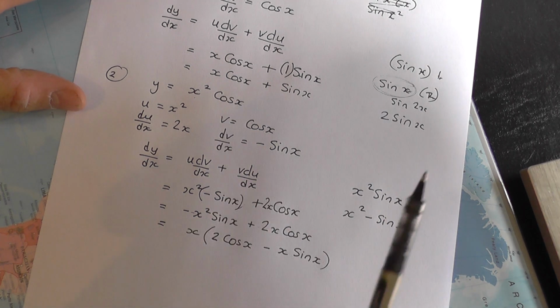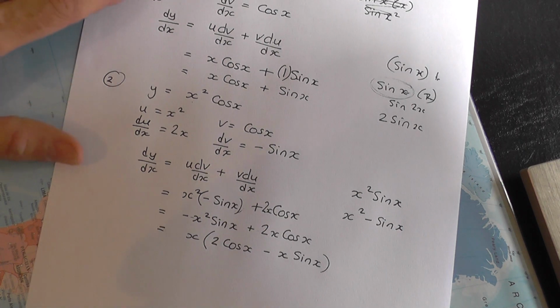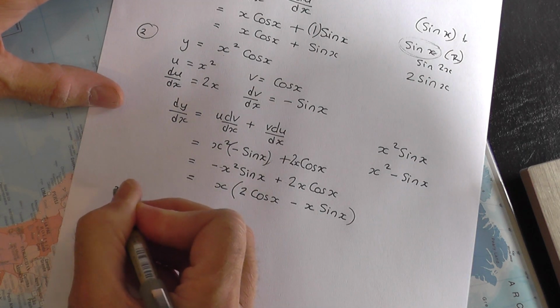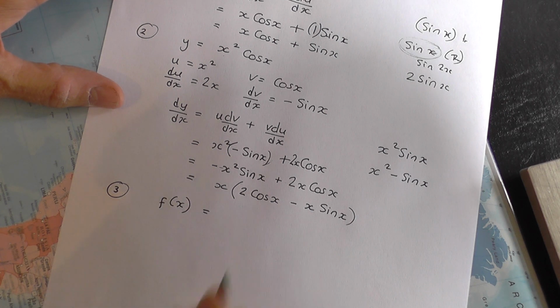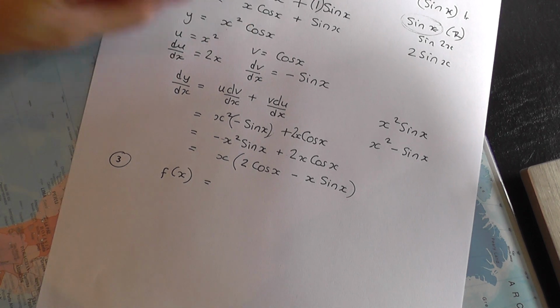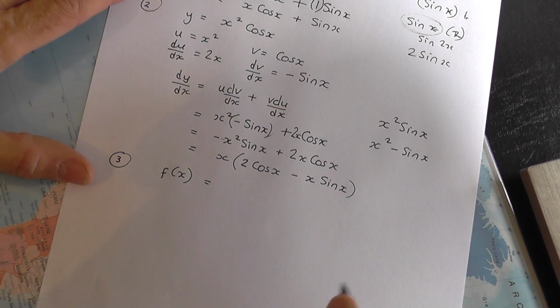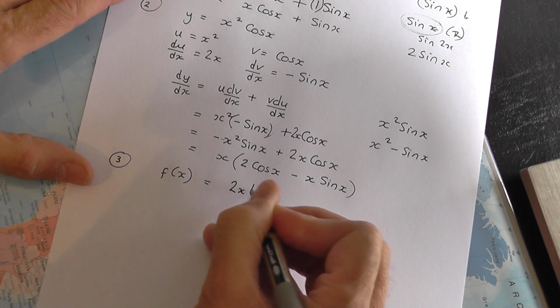Okay, so I've done a couple now of basic product rule with standard derivatives for trig ones. Let's now do a third one, and I'll change the notation here just to make you aware of this. I'm going to say that the starting function, instead of y equals, the starting curve is f of x equals, and f of x this time is going to be, let's say, 2x tan x.